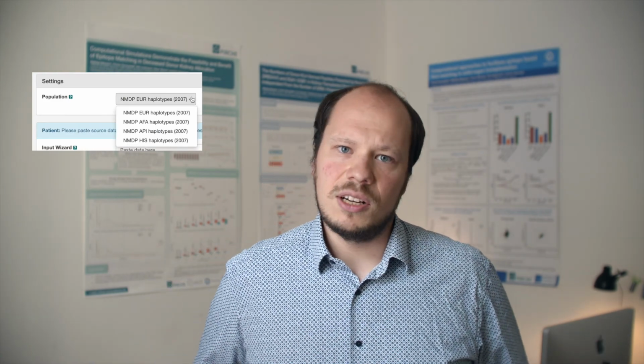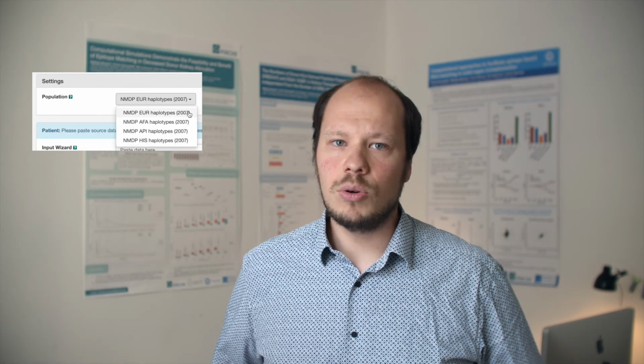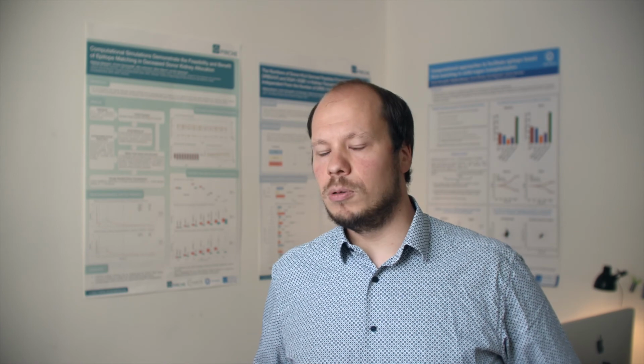So let's talk about the caveats of the module again. The underlying NMDP haplotype frequencies are only defined on 5 loci, meaning A, B, C, DRB1, DQB1. So your patient should also be defined on these loci and not more, because otherwise strange anomalies could appear.